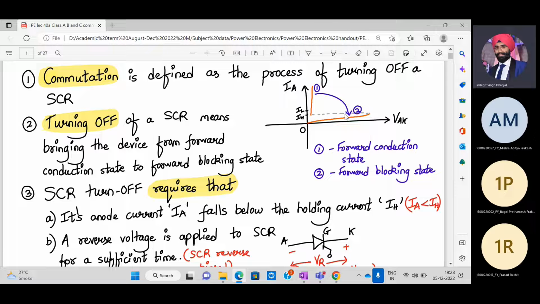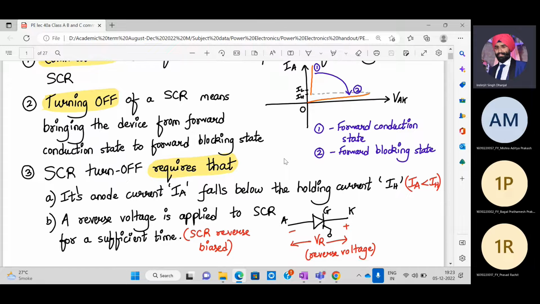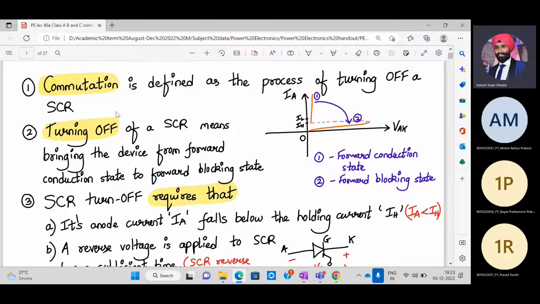You're turning off something, not turning on. SCR being on means it's in the forward conduction state, and SCR being off means it's in the forward blocking state. So we have to bring it from forward conduction to forward blocking mode. Turning off an SCR means bringing the device from the forward conduction state to the forward blocking state.